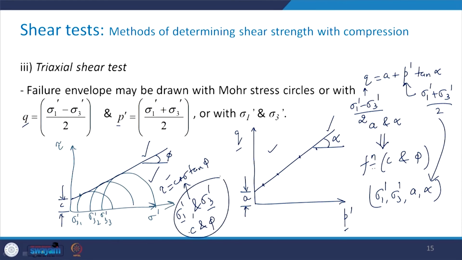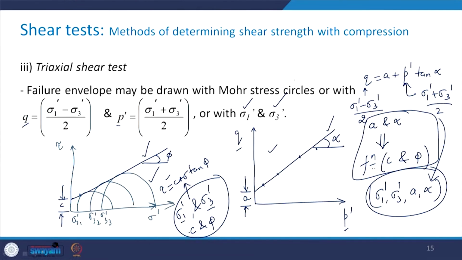If you compare these two expressions, you will be able to establish the relationship between A, alpha and C, phi. So, this is how the shear strength characteristics can be found out using the data which you obtain from the triaxial shear test. Similarly, when you plot between sigma 1 prime and sigma 3 prime, you can do a similar exercise and find out the shear strength parameters.